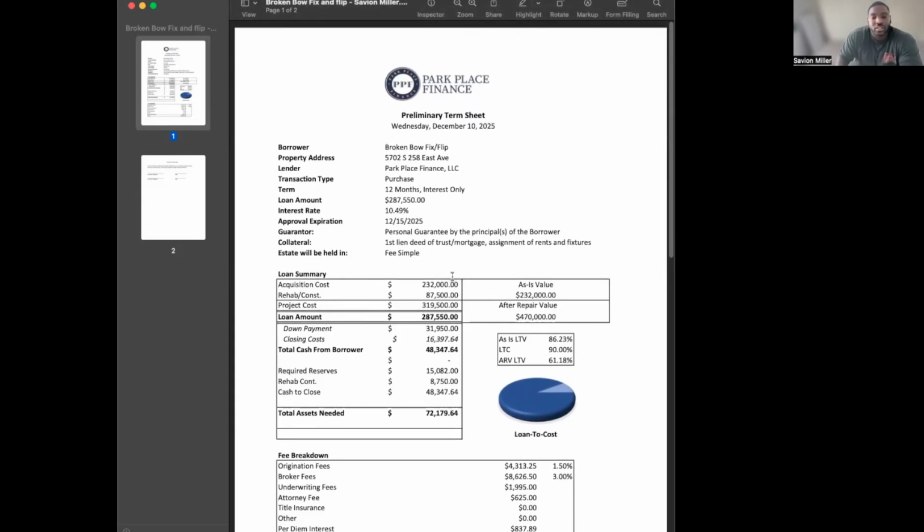Because if you're just going to shop lenders, like some people, they'll take this term sheet and they'll send it to another lender and say, hey, can you beat these terms? You shouldn't want to build relationships with lenders like that. So if it was me, I would just send an email, blind CC all the other lenders, and let them know, hey, I'm looking to get financing on this particular deal.